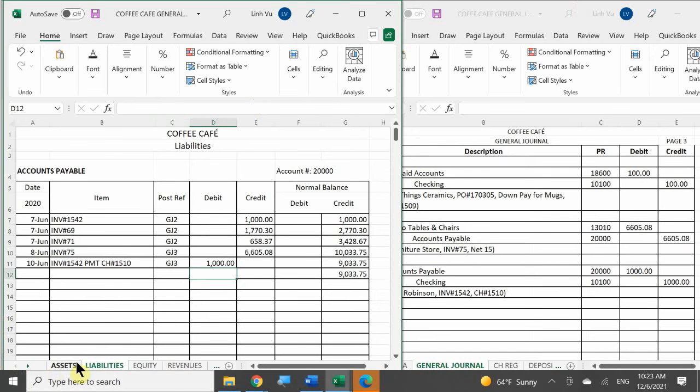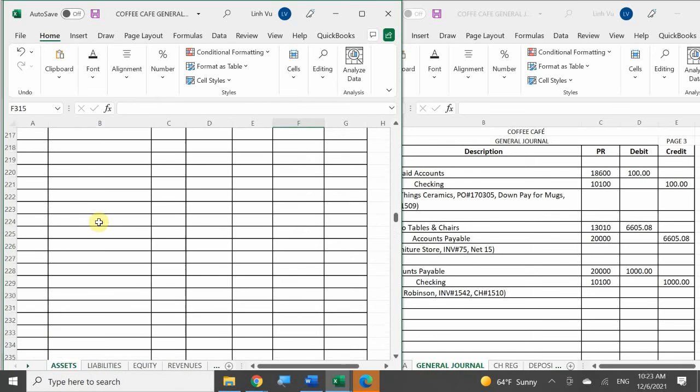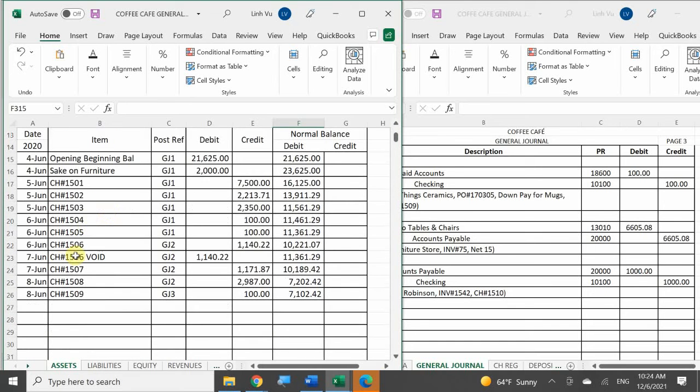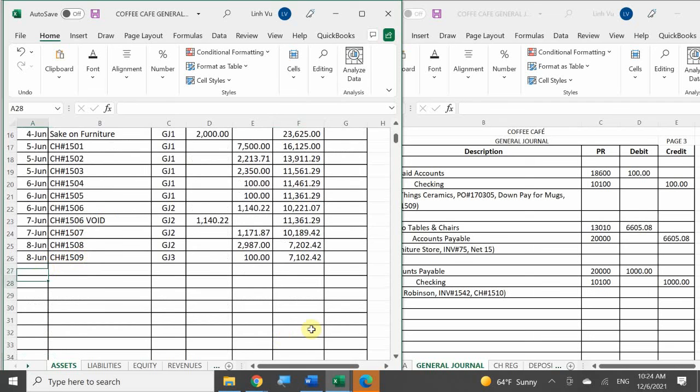And now I also need to update my checking account because I had to spend money. So in this case, I need to reduce my checking account by $1,000.